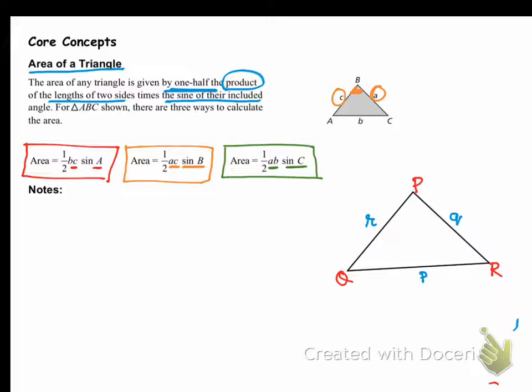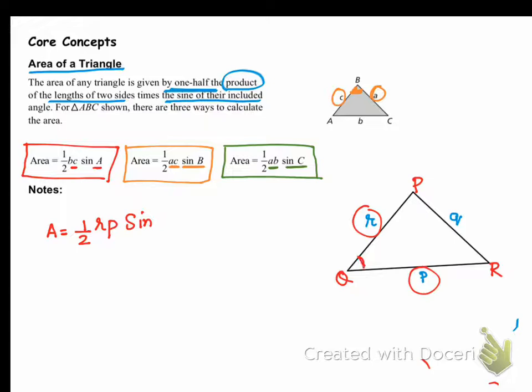And if I have to write the area formula in this case, how do I write it? You can stop the video and think about how to write it. If I'm picking the sides r and p, it's half rp sine of which one? Just think about it.